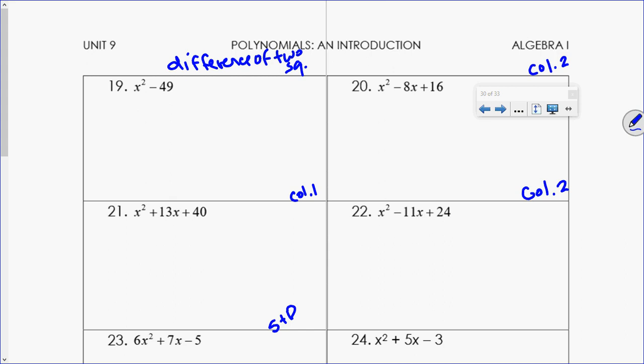And number 24, column number 3 or 4. I'll figure that out. But let's go ahead and do this difference of two squares.